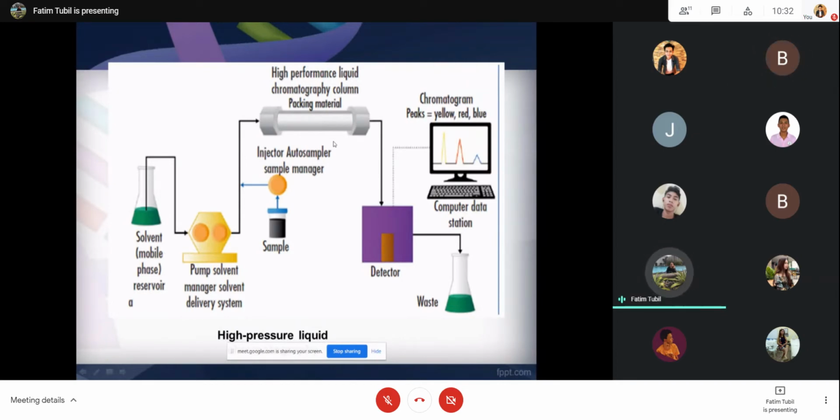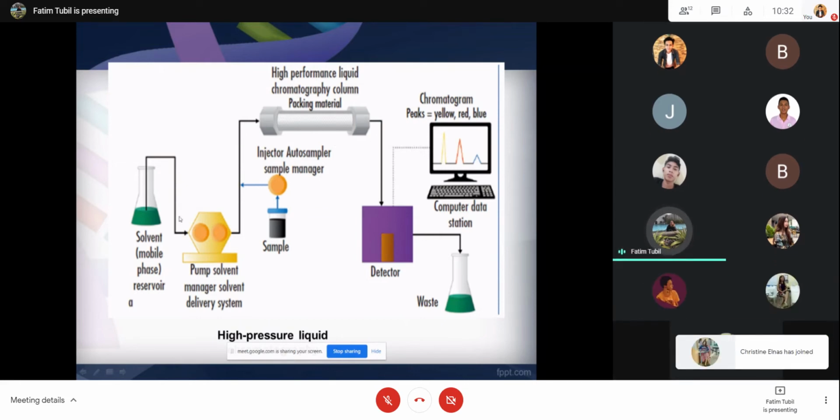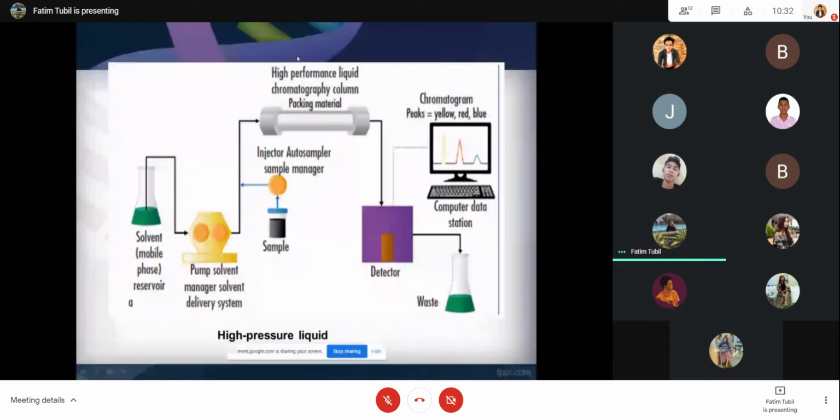The pump solvent, ma'am, pumps the solvent from the mobile phase reservoir towards the next component.